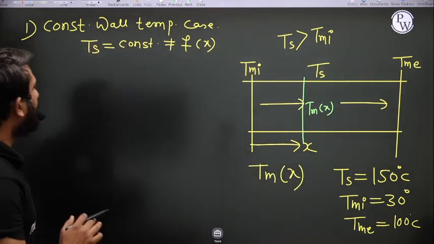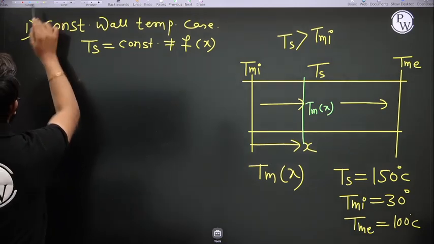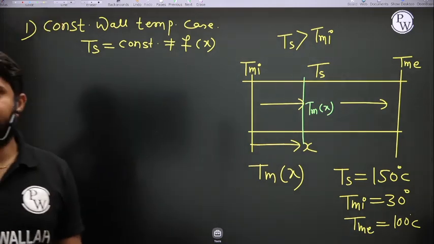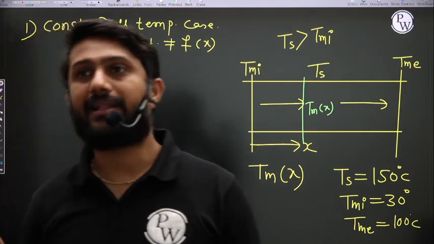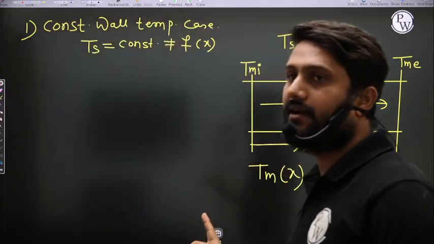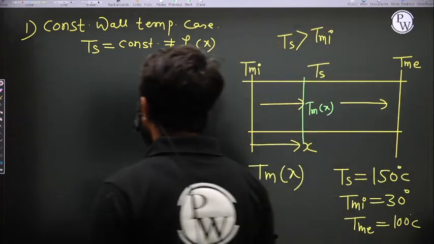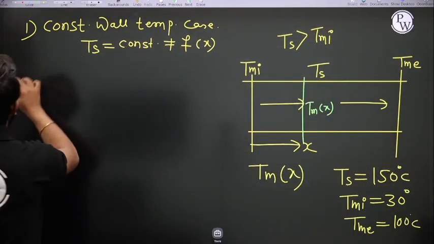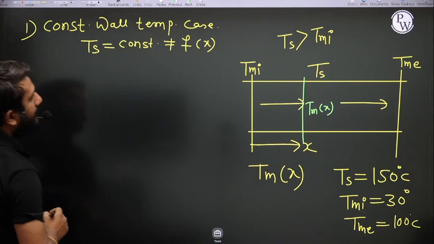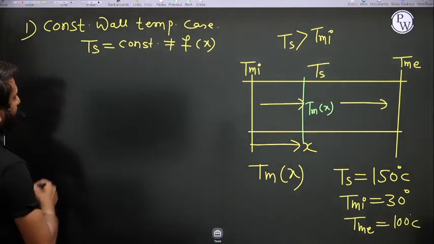Okay. Now see here. Again, I'm not deriving here. Whatever the important mathematical expression, I directly write it here. So if you want to find out this Tm, see here.